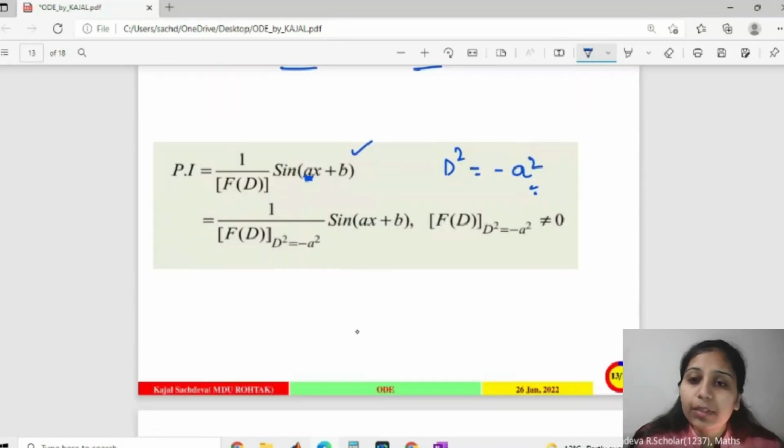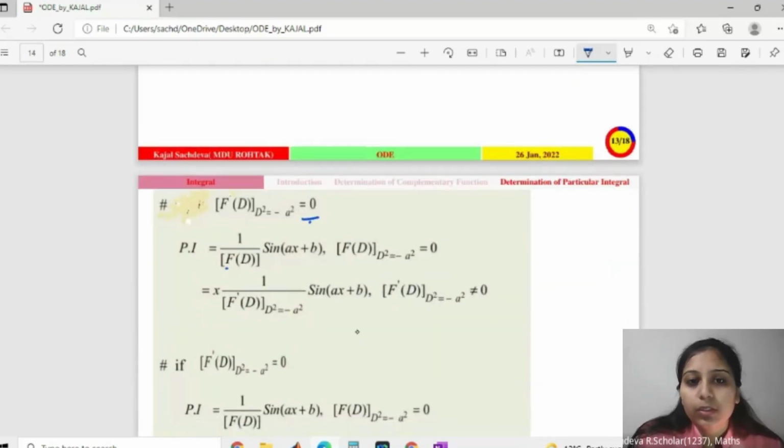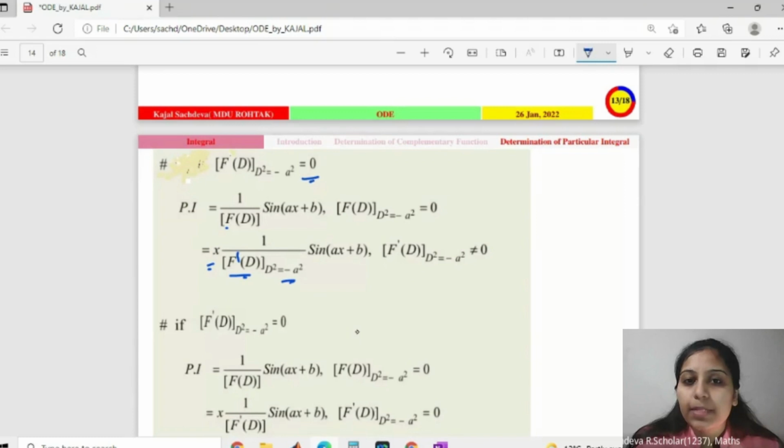And if the denominator becomes 0 after putting this, we will do as we have done in the preceding case, multiplying it by x and then taking the derivative, then put D square equal to minus a square. So the only difference in both cases is, in the earlier case we just replace D by a when we have e raised to power ax, and when we have sin ax plus b, in this case we just replace D square by minus a square.